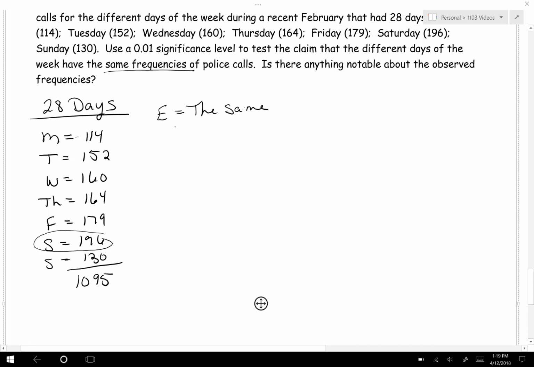And so that's going to be n divided by k. n is your total, that's the 1,095, and k is the number of days in the week, so 7. And you get this ongoing decimal for this number, so it's 156.429 if you only go out to 3 decimal places. But it's best not to round for this.